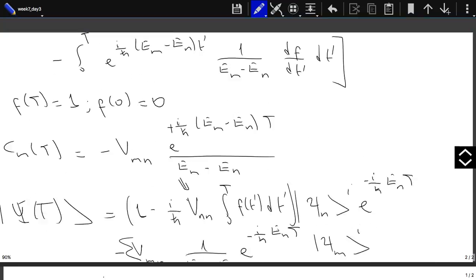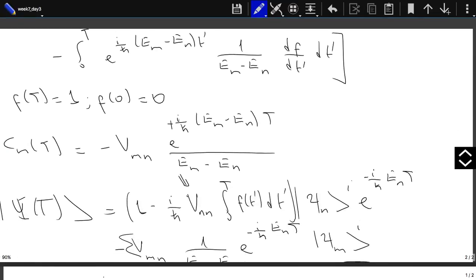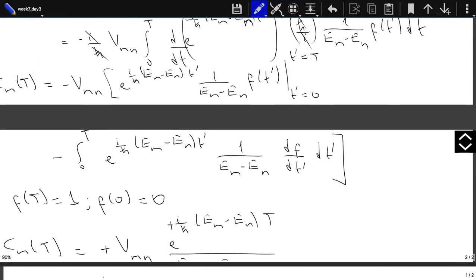Let's see, you mean here in integration by parts? So here I have minus makes a plus. So you are saying this one is a plus sign. Well, here this is minus Vm and this is multiplying everything, but no, that's a minus sign. The second term here is just 0, I'm ignoring that because f prime is 0.